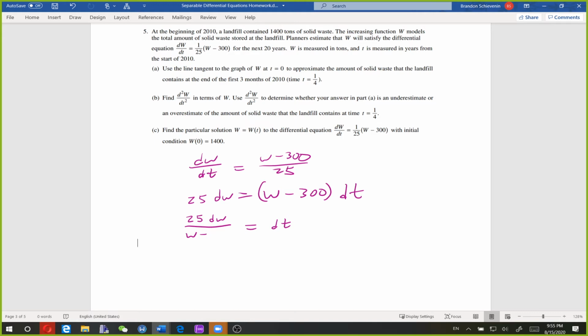Okay, clean up my handwriting here, not changing anything. Okay, my goal is to solve.